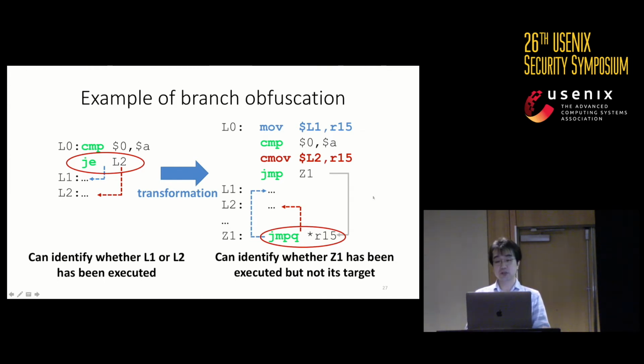This is possible because this cmov instruction conditionally updates the target register that our indirect branch will use. But note that the attacker is still able to know whether the indirect branch has been executed, so the timing attack would still be possible.